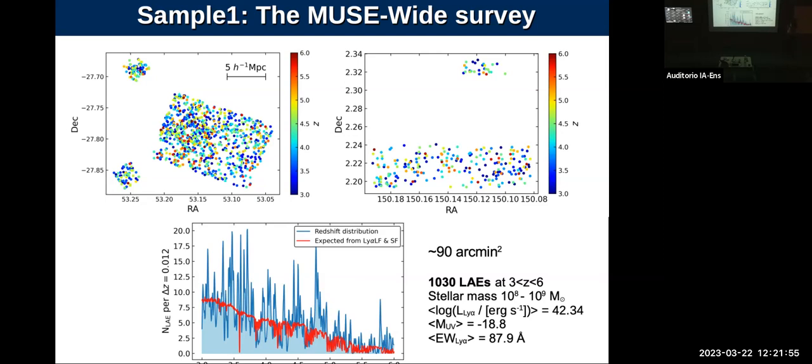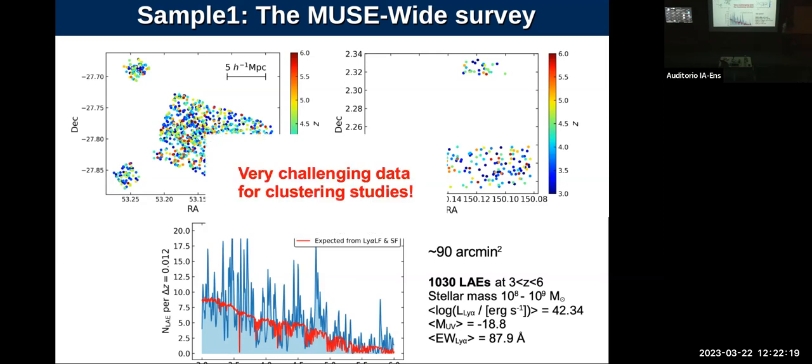And in blue, you have the real redshift distribution of our objects. As you can see, all these spikes that we have in the real data are already giving us a hint that our Lyman-alpha emitters are going to be clustered. The distribution looks very different from what is expected from a random sample.